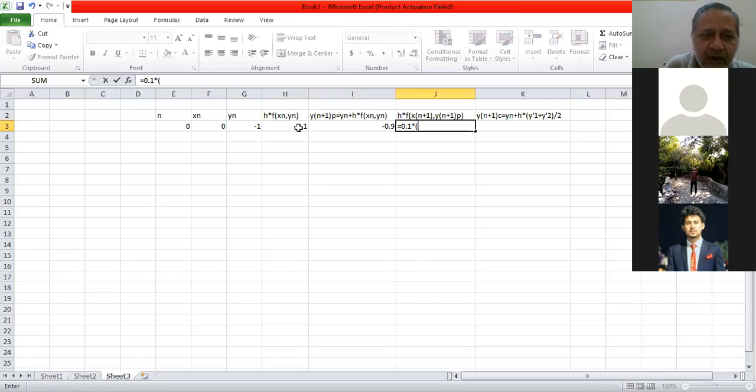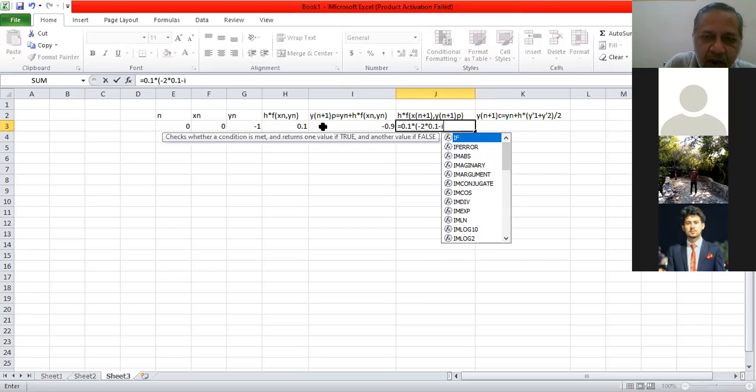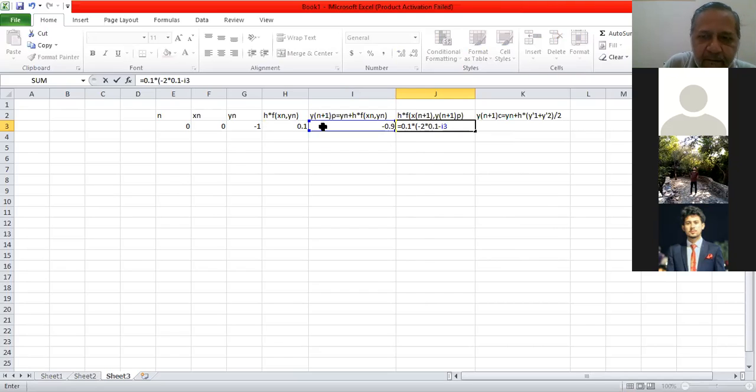What is xn plus 1? When xn is 0, xn plus 1 is going to be 0.1. Function value at 0.1, so minus 2 times 0.1 minus y predicted, and the y predicted is available from I3.